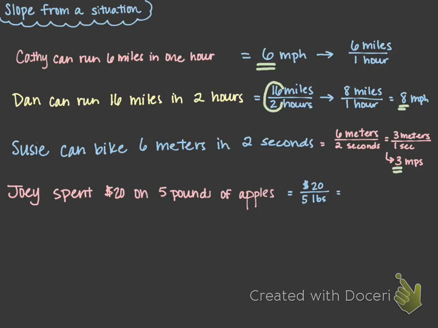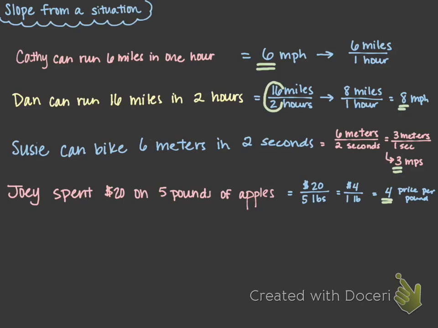We see that 5 can go into both 20 and 5, so 20 divided by 5 is going to be 4. We have $4 per 1 pound of apples. So our slope in this case is 4 divided by 1, which is 4. So we have 4 for our price per pound. So we can write that out, price per pound. And in this case, 4 is going to be representative of our slope here.